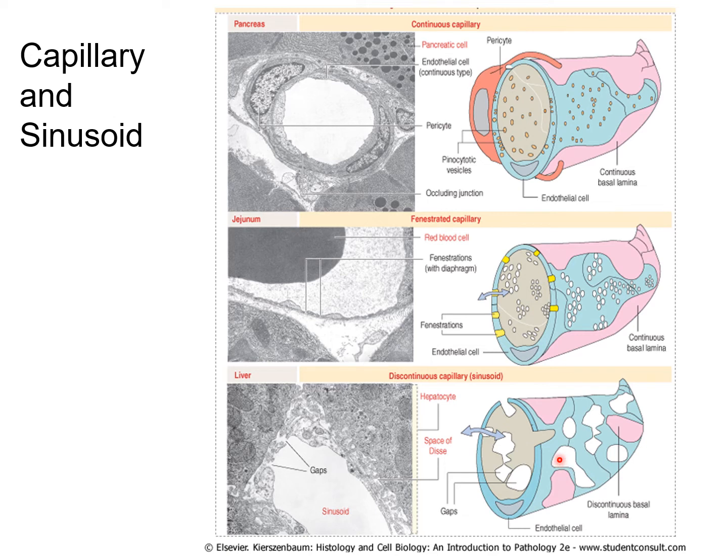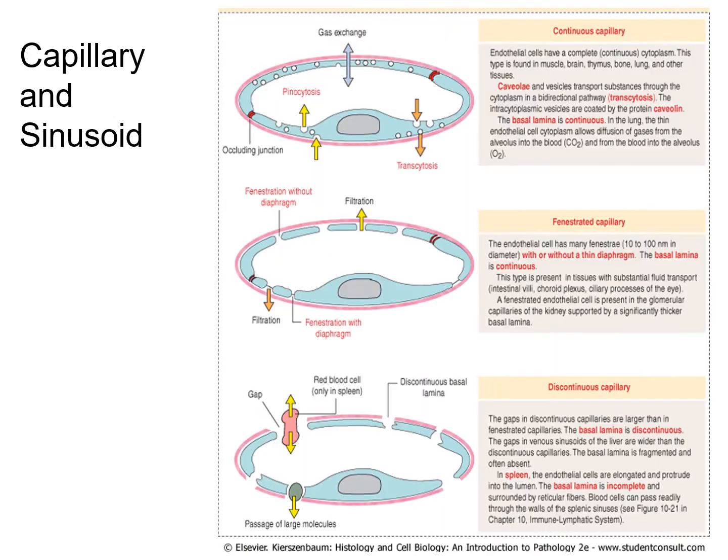So there are three types of capillaries. Those are the continuous capillaries. This is the capillary endothelium lying on the basement membrane, and two endothelial cells are joined by junctional complexes.